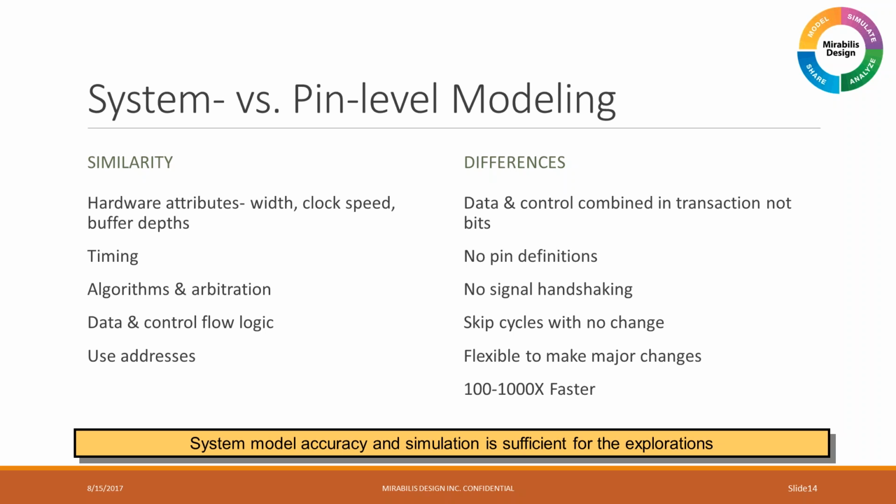The main difference is that you don't have to define all those address translations, your pin definitions, your signal handshaking, though you still incorporate the timing into the model. Because a lot of times when you're writing your RTL code, a lot of it is related to protocol conversions and things like that that don't really impact your performance or your power. So those things are skipped.